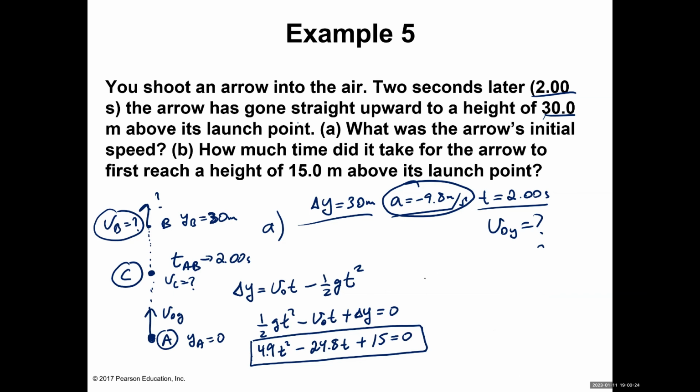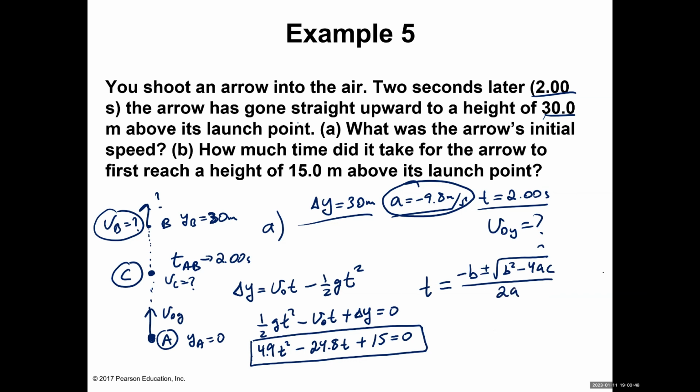All right, so who remembers the quadratic formula? Let me do it in terms of x, or I guess we can do it in terms of time. So time is equal to, what was the quadratic equation? Negative b plus or minus the square root of b squared minus 4ac, all over 2a. Exactly. There you go.